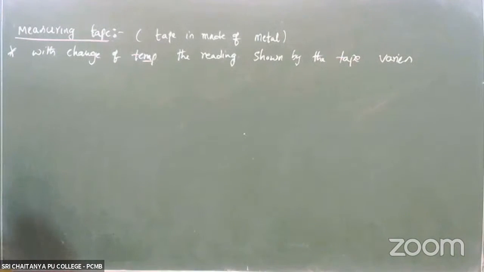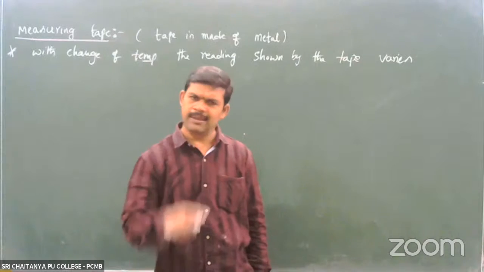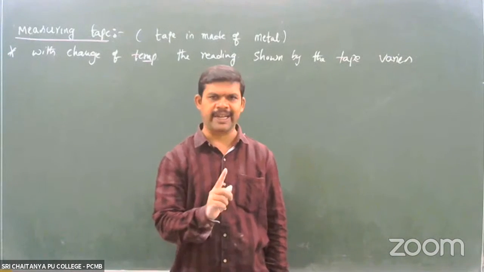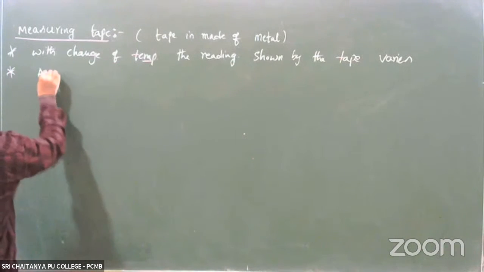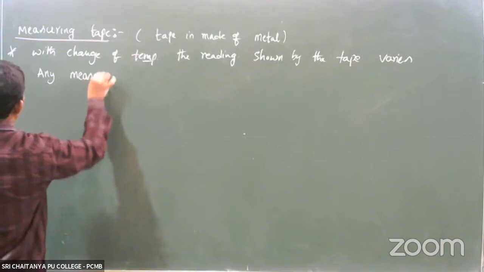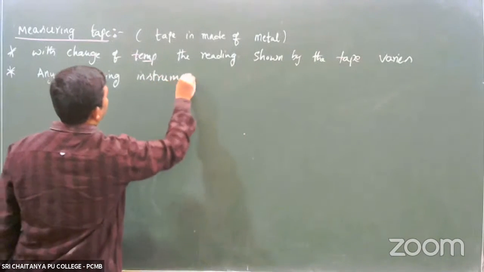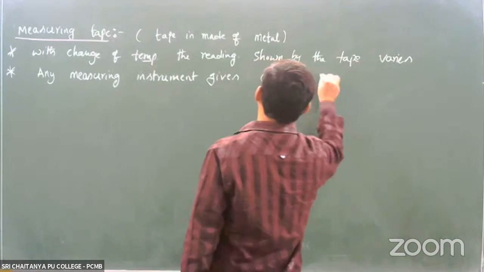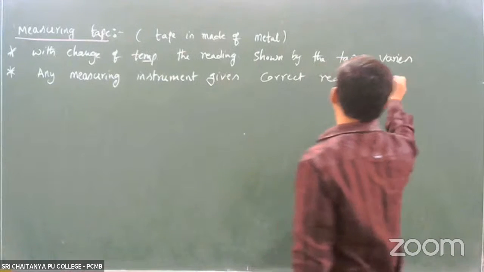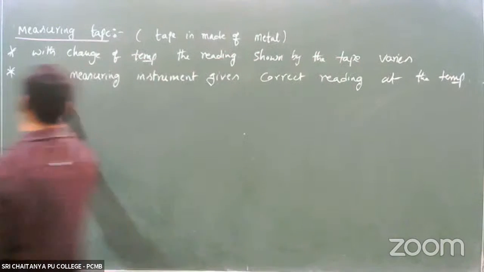Any measuring instrument gives the correct reading at its calibrated temperature. Note the point: any measuring instrument gives the correct reading at the temperature where it is prepared.